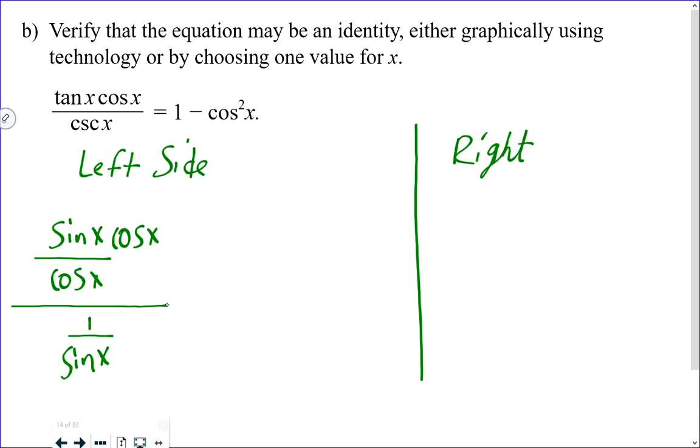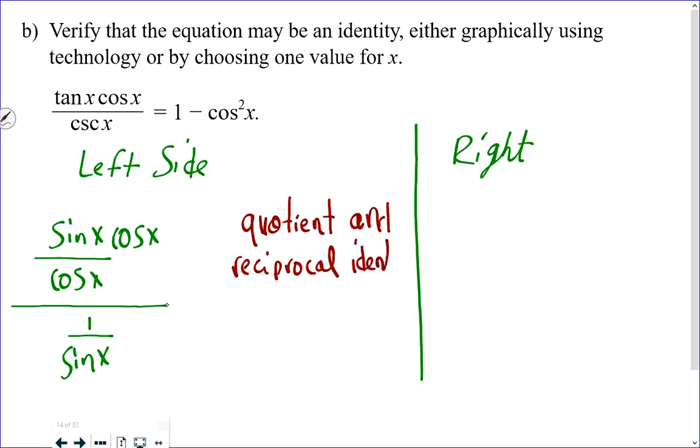Anytime you use an identity to change the appearance of something, you have to write down the name of that identity. So we used a quotient identity here for changing the tangent to sine over cosine. And we used a reciprocal identity to change the cosecant to 1 over sine.